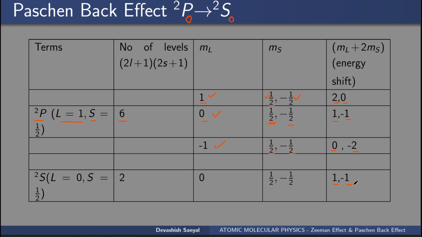Now you can see that under 2p there are 2 zeros. So for these two levels, minus 1 and half and 1 and minus half, there will be no shift and they will lie at the original energy level.